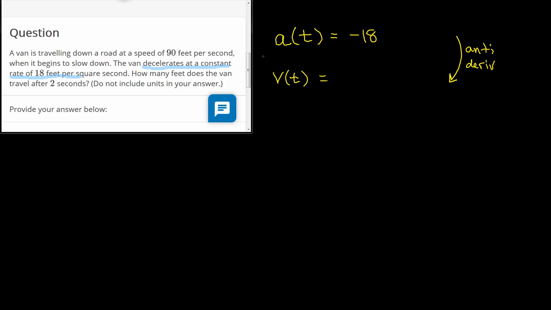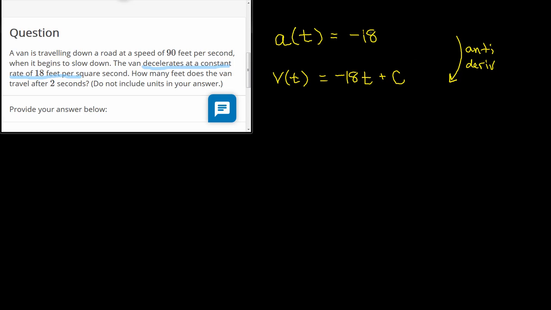If I have velocity, then a derivative will get me acceleration. So if I have acceleration and I want velocity, then I have to do an antiderivative. And the antiderivative of negative 18 is going to be negative 18t plus some unknown constant.